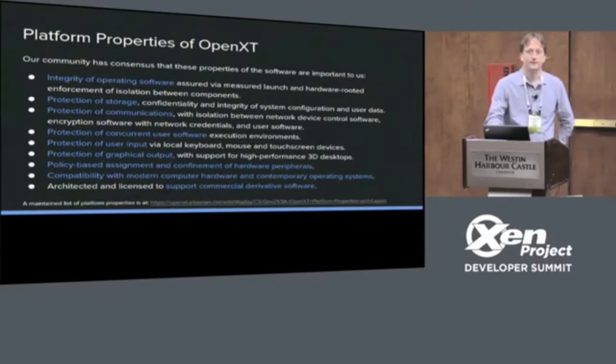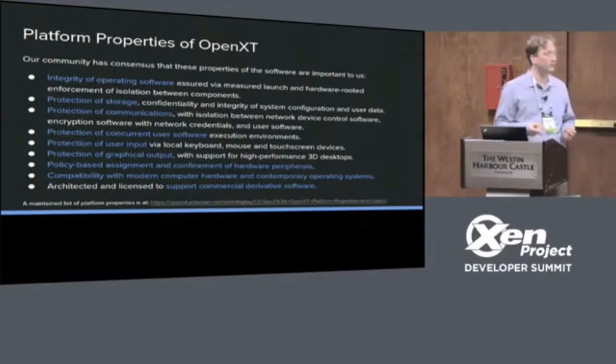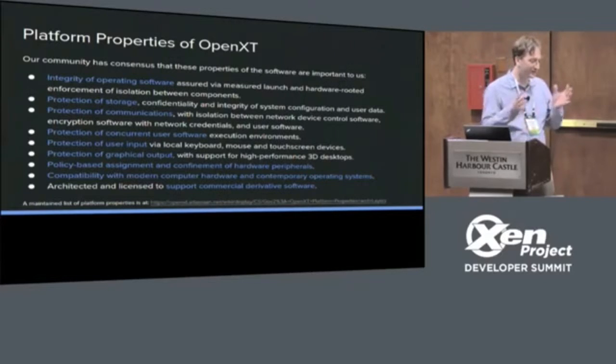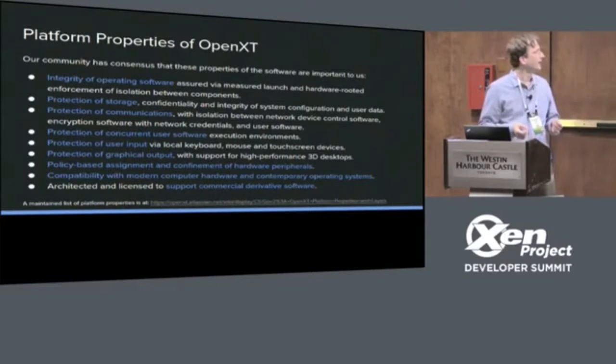So as part of the 2016 focus on governance of OpenXT, as a community, we tried to identify what properties of this platform were important to the community participants, so that when we're deciding what particular direction to take with new technology or feature request, we could ensure that we were continuing to make everybody who's already participating happy. And also it helps to describe what it is about OpenXT that we offer.